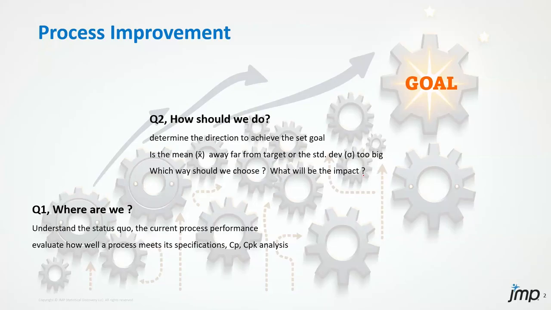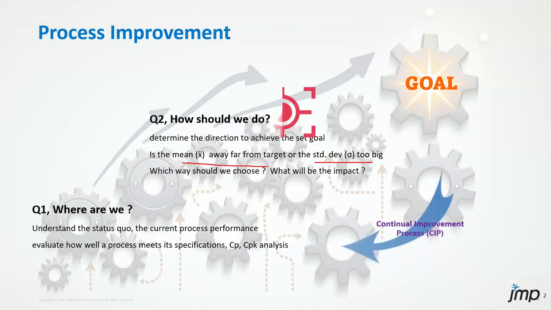As we know, the CPK is a function of the mean and the standard deviation. So is the mean away from the target, or is the standard deviation too big? So what is the direction? How should you do it? Once you are clear on this, you will achieve your goal through this 6 Sigma project, right?